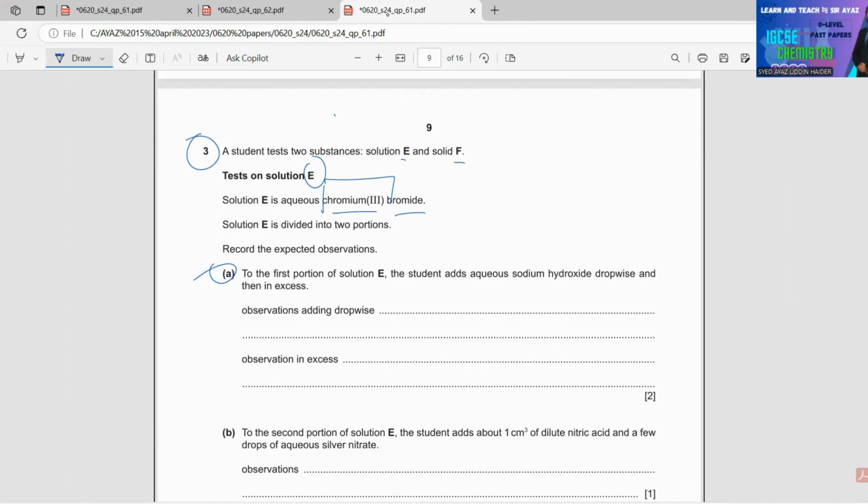So you write green precipitates, and precipitate dissolves or soluble in excess of sodium hydroxide.